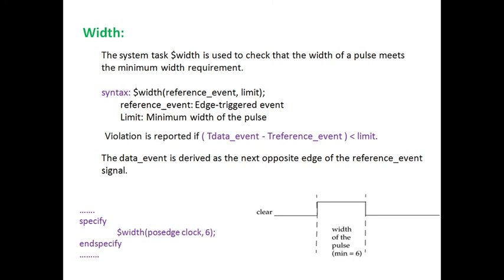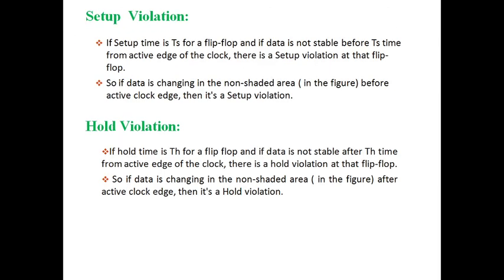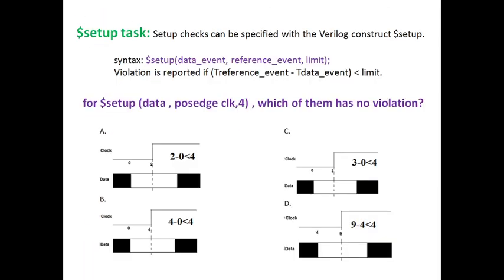You may ask me a question, sir, why is there no data event in the syntax? The main reason is that we are checking the width of a pulse itself. We are not monitoring, as in the case of setup and hold times, where the data event is a signal that is monitored for violations.